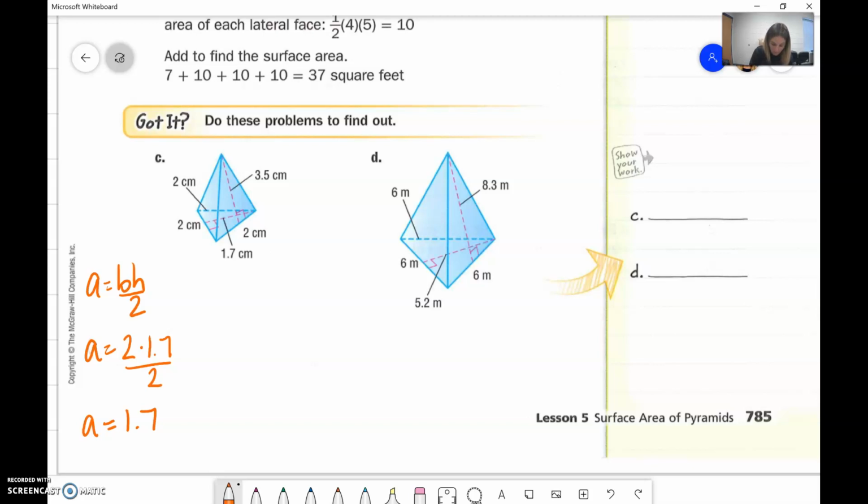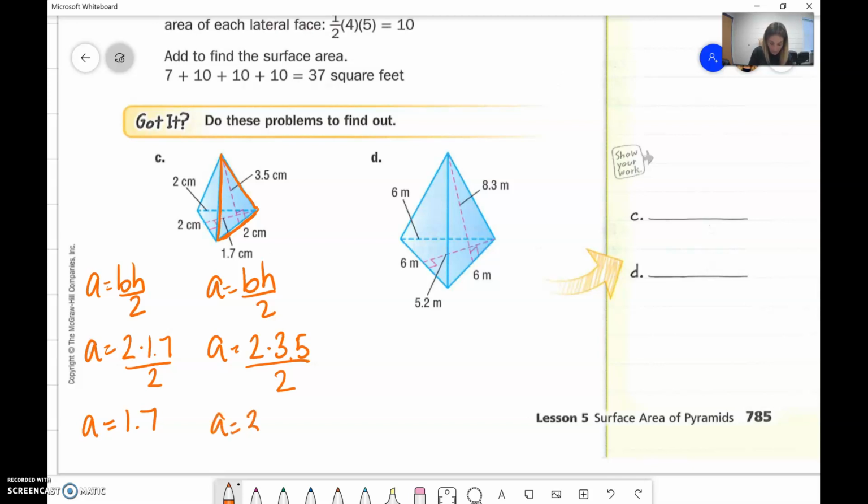All right, so let's figure out area equals base times height divided by 2, taking a look at this triangle, okay? It looks like I have an area equals base, which is 2, times my height, which is 3.5, and then we're going to divide that by 2, okay? So when I take 2 times 3.5 and divide it by 2, I get 3.5.